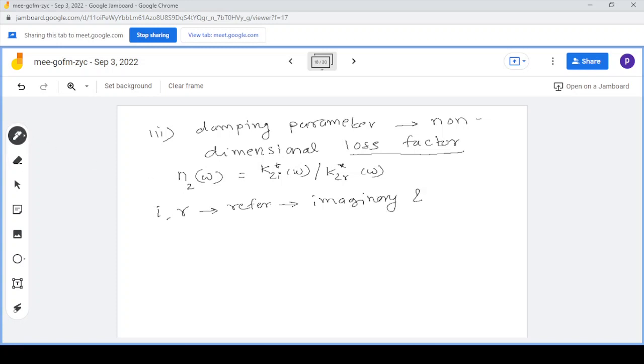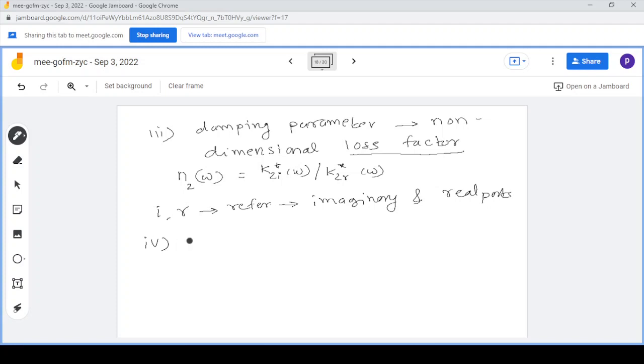So this N2, which depends upon omega, is equal to K2I star divided by K2R star, and both of these depend upon omega.